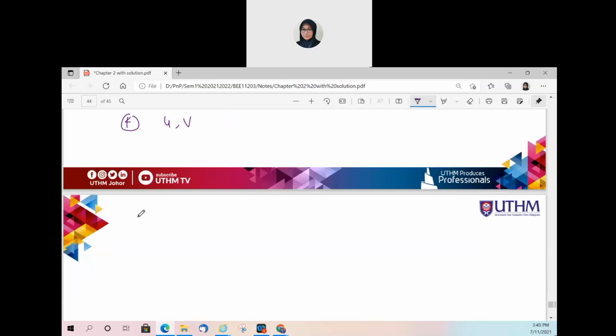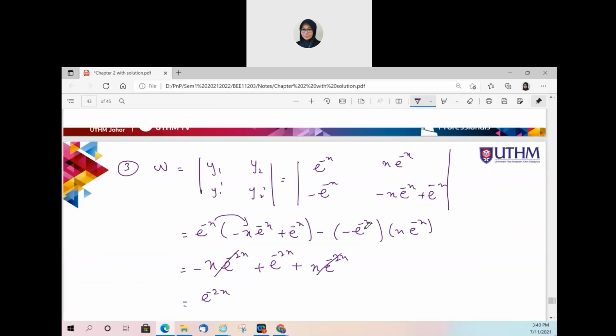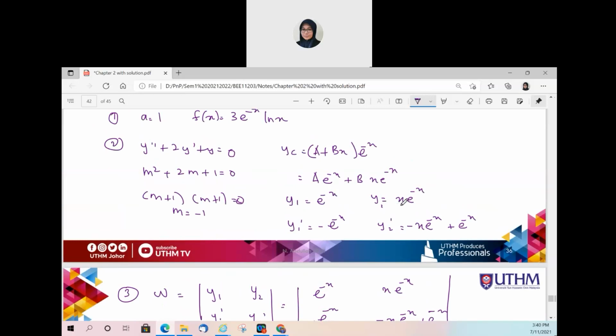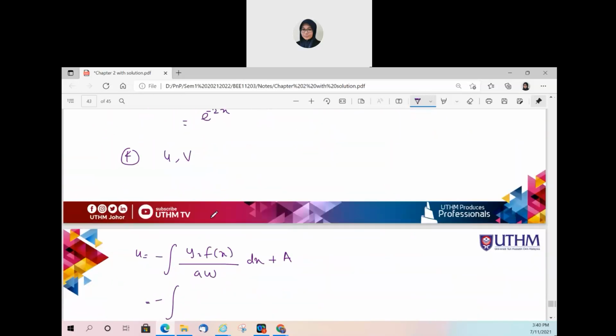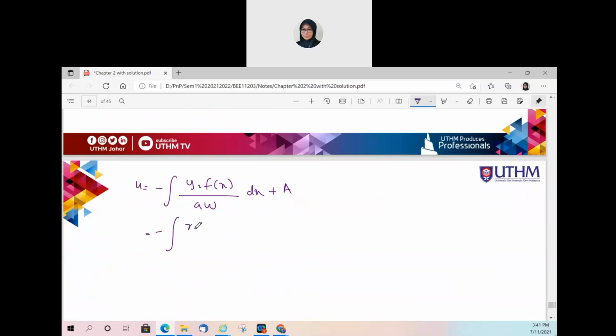So our u equals to minus integrate y2 fx over aw dx plus a. Okay, equals to minus, y2 is, what is y2? Y2 is x exponent minus x, times with fx. So fx is 3 exponent minus x ln x divided by a.